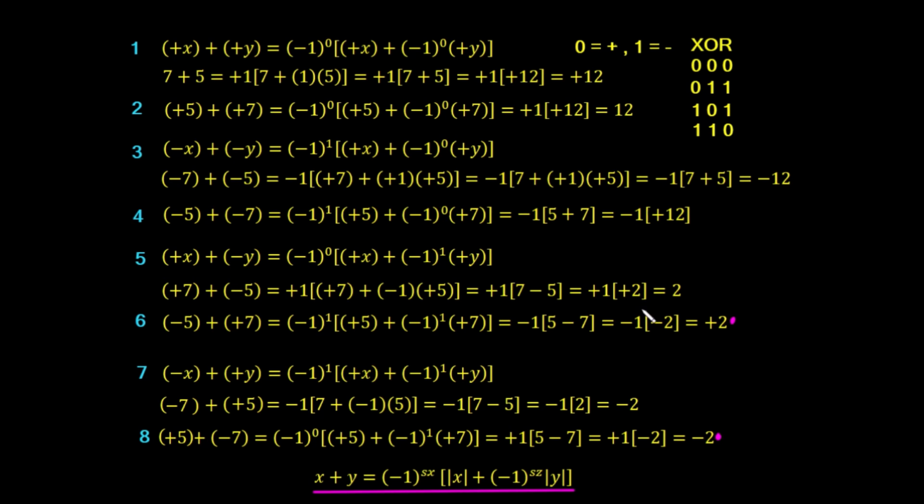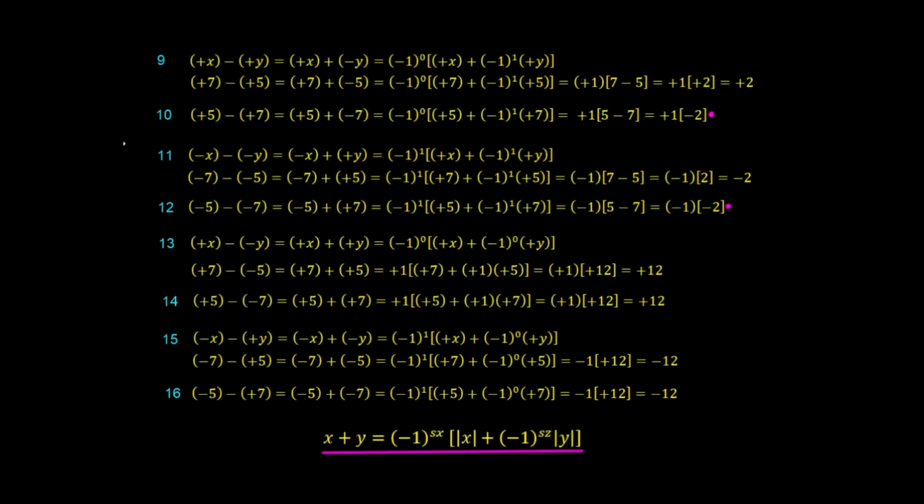But if we end up with a negative here, then whenever we work through the example here, we're not going to get the correct answer. So we're going to have to note that in this instance here, the correct answer is a positive, but the sign of x is actually negative. So it doesn't actually work for this instance, and it doesn't work for this instance here as well. So here are the other 8 possibilities.